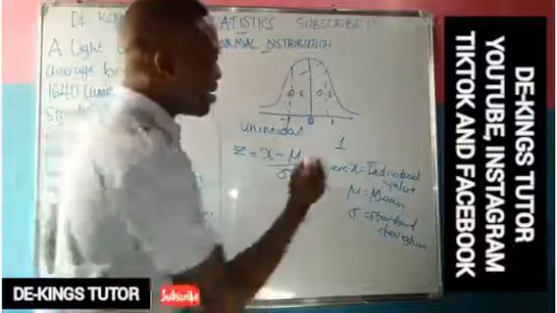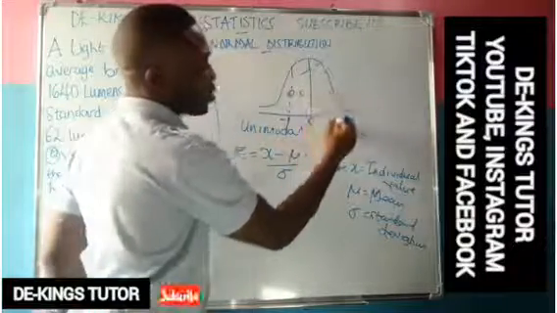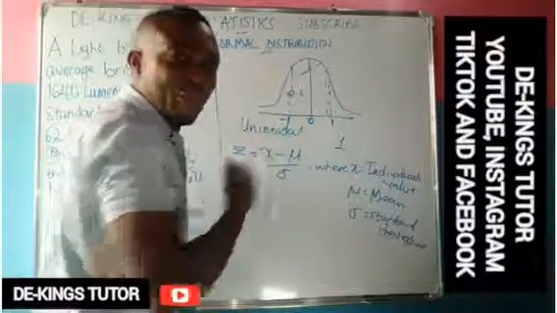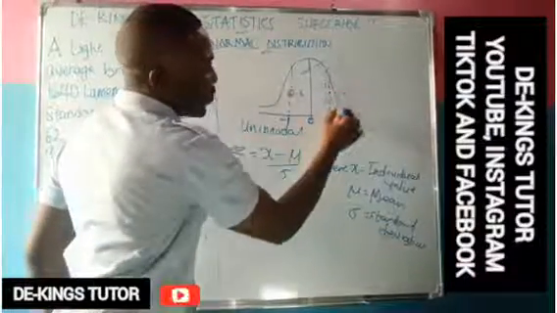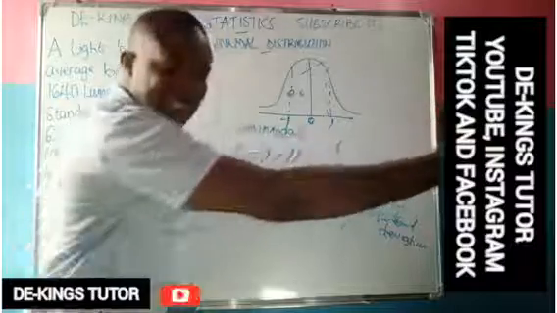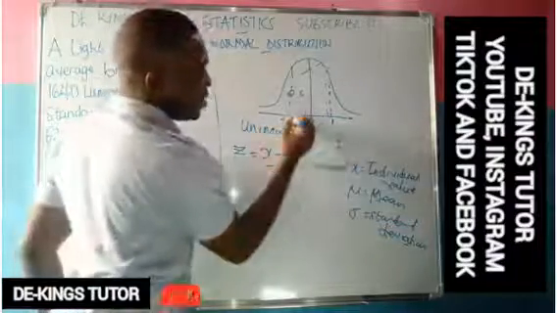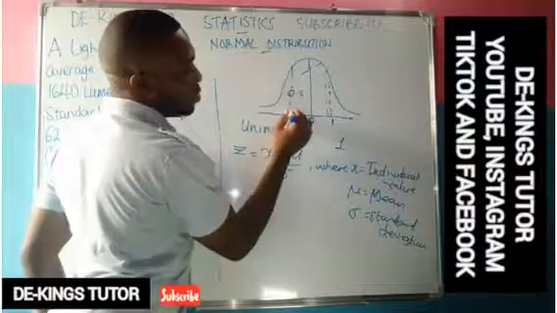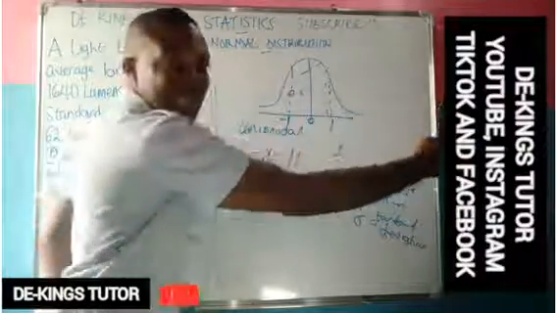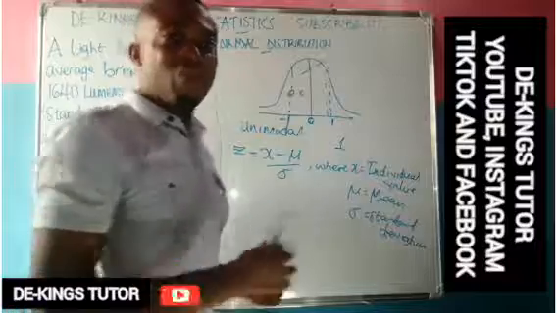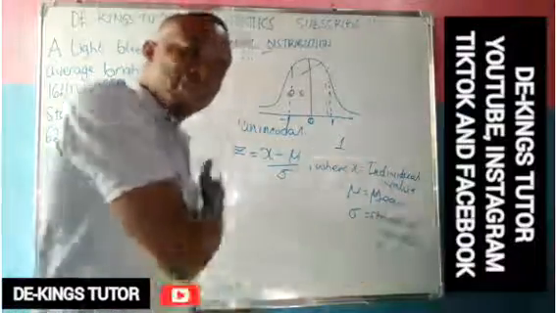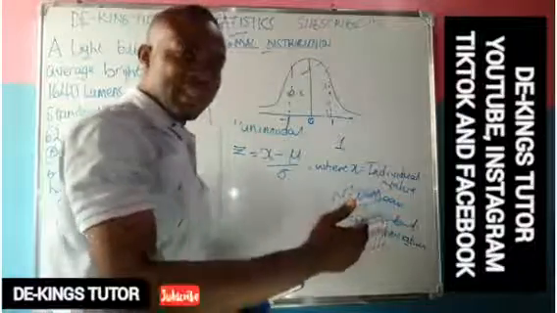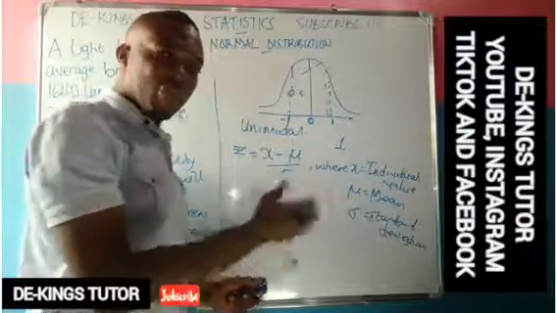For instance, if your X value is at this point, the greater than moves from your X value down to the right, while your less than moves from your X value down to the left. The greater than moves to the right, while the less than moves to the left.